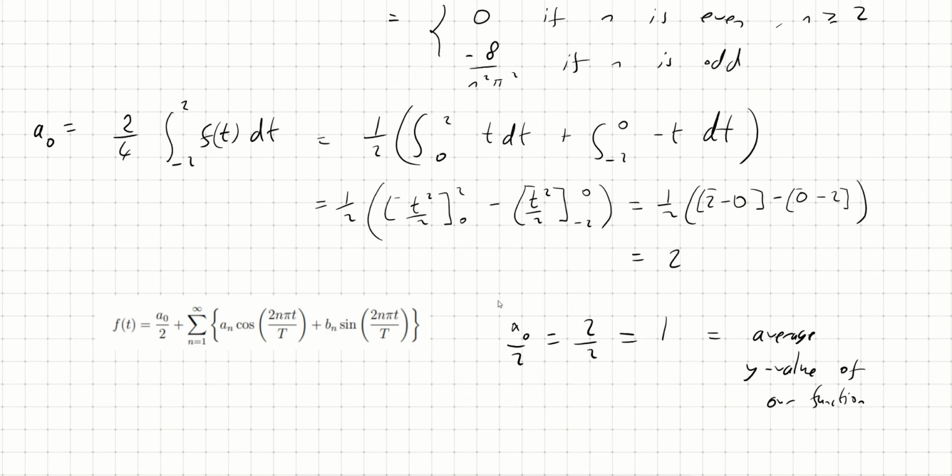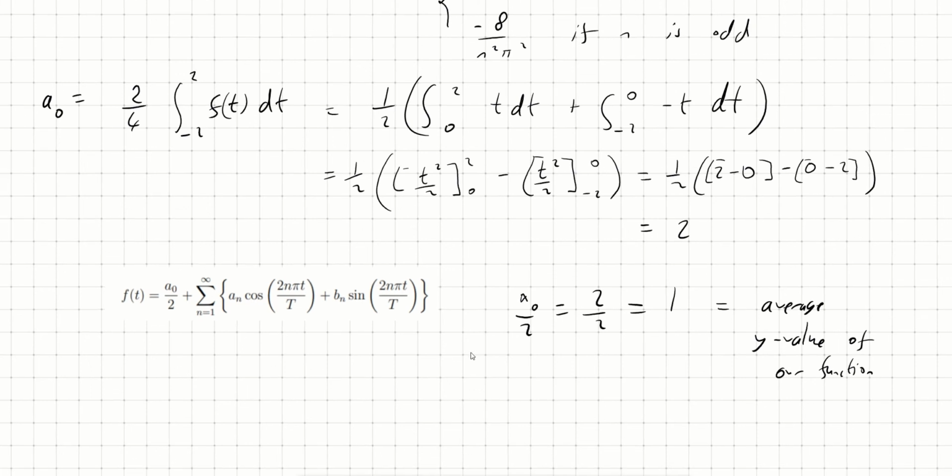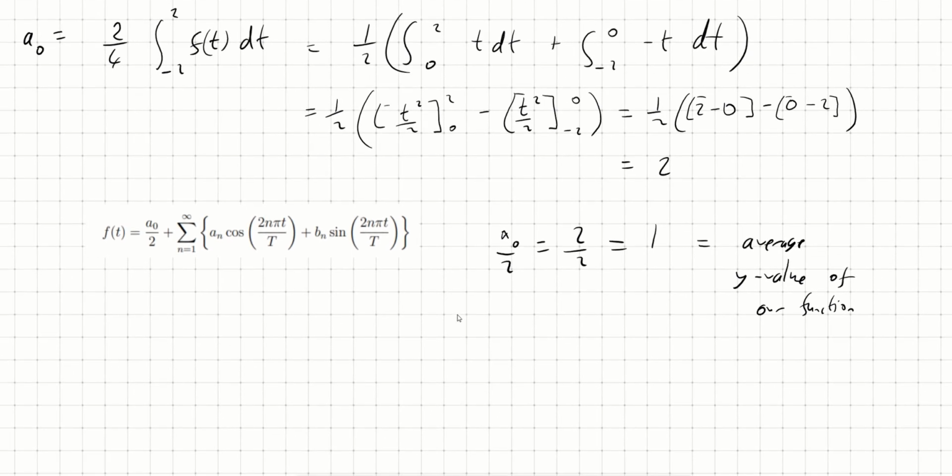Okay, so now we have to go back to actually writing our Fourier series. f(t) equals, well, a0 over 2 is 1, and then plus this sum from n equals 1 to infinity of an cos 2n pi t over T, it's capital T, plus the, well, we know the bn's are 0, so we can just stop there. So this is our Fourier series.